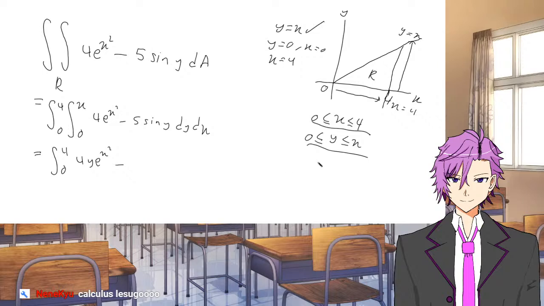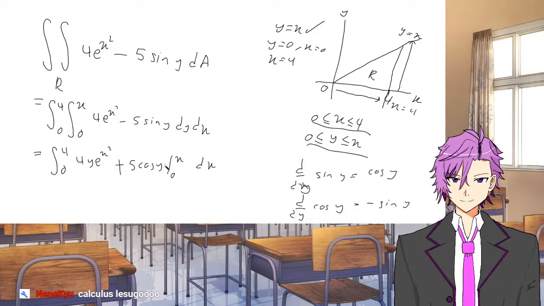Hold on, d over dy sine y is cosine y, and d over dy cosine y would be minus sine y. So if we integrate it, it will become plus 5 cosine y, from 0 to x, and this will also be dx.